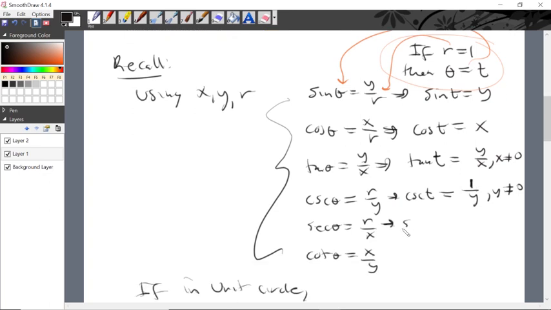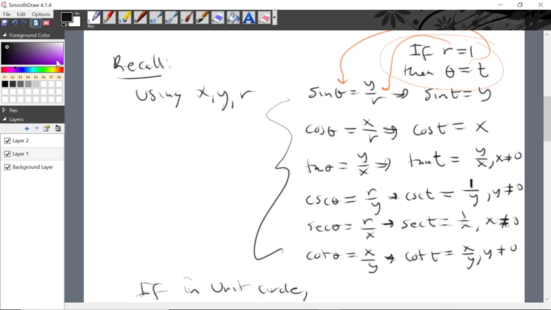The secant of t is equal to 1 over x, as long as x is not 0, otherwise it would be undefined. And the cotangent of t is equal to x over y. There's no r incorporated in the cotangent formula, and that exists as long as y is not equal to 0.